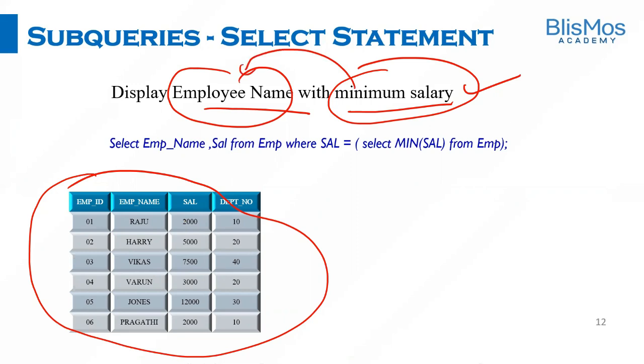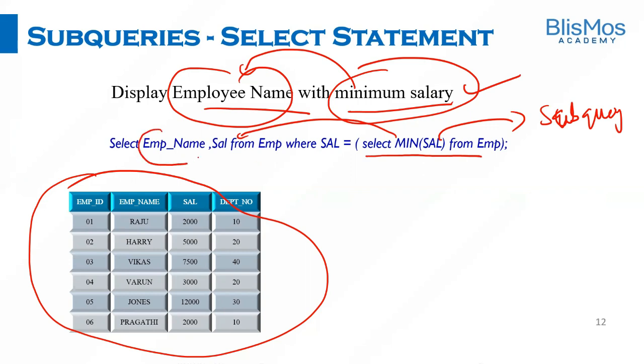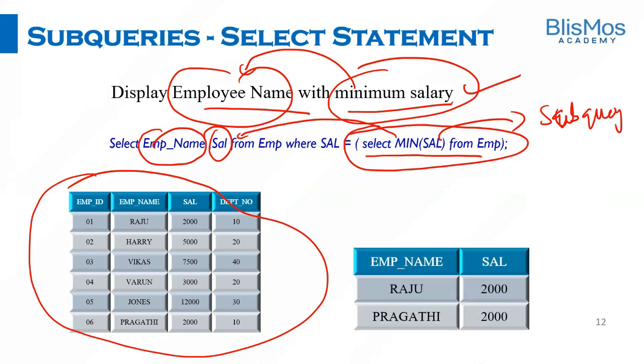And that is when we have to use a subquery. The way we are using the subquery is, first we'll select the minimum salary as a part of the subquery and funnel that to the main query. In the main query, I will select the employee name and salary of only those records funneled by a subquery. They are going to be Raju and Pragati. So if you look at the table, 2000 is the minimal salary.